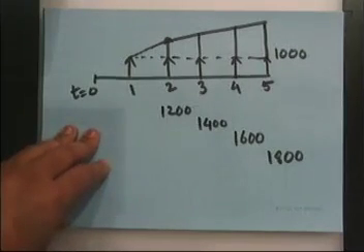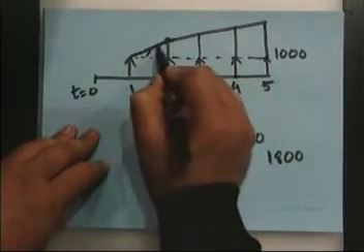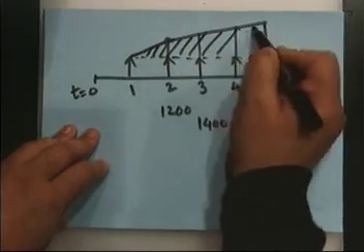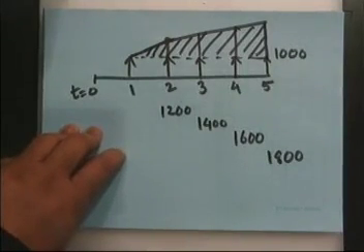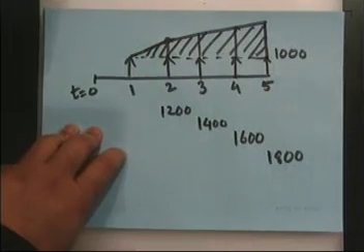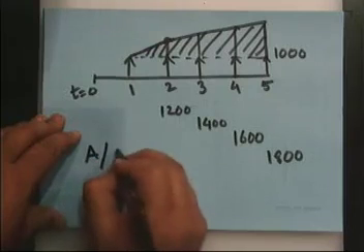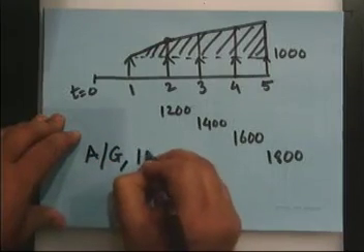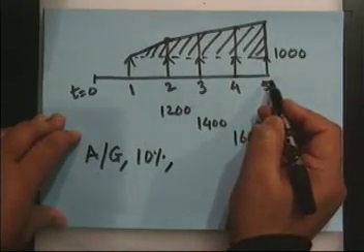Now what we can do is, using the interest formula that I have given you, you can convert this portion which is shown in hatched line. This triangular portion I can convert it in a uniform series payment by using the formula. What formula I will be using? A given G for an interest rate of 10%. Now here the number of periods are 5.